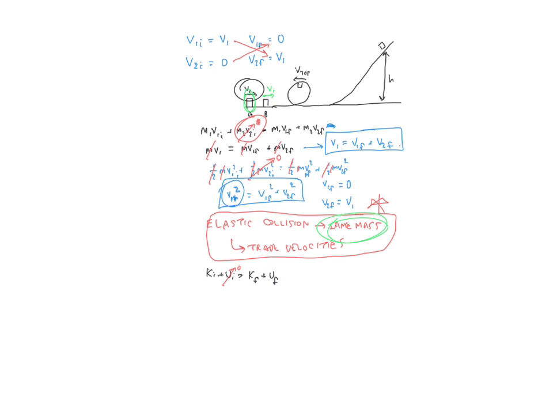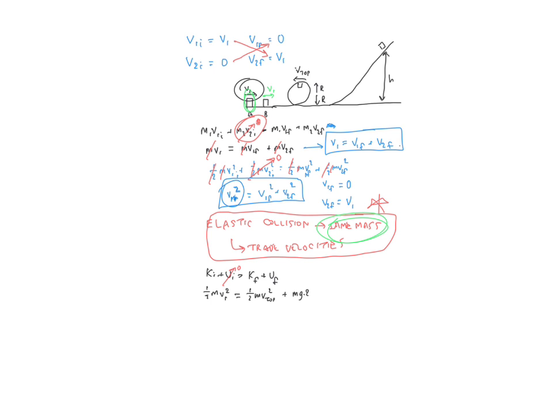So plugging in the formulas, we have 1/2 m v initial squared, which is v1 squared, is equal to the kinetic energy at the top, which is 1/2 m v top squared, the thing we're solving for, plus the gravitational energy at the top, which is mg times the height, and in this case the height is going to be double the radius of the circle. If the radius is r, the height from the top to the bottom of the circle is 2 times that radius.